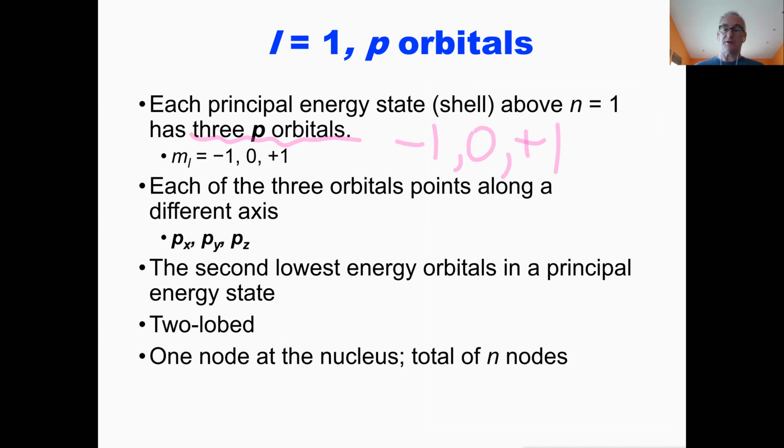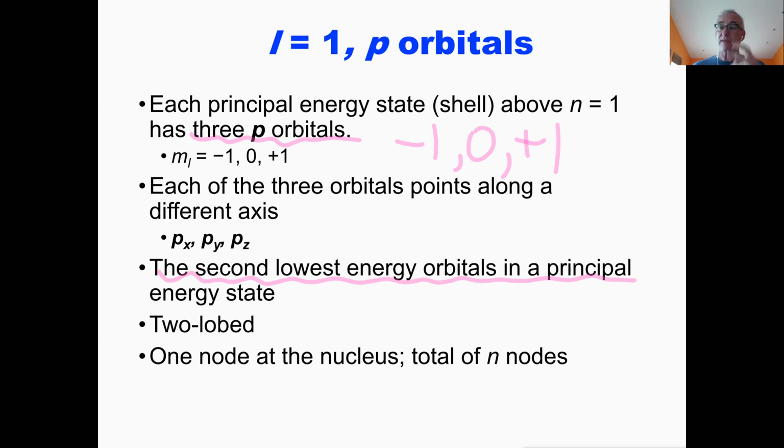Each one of those orbitals points along a different axis, as I showed you before. So x, side to side, y, up and down, and z, coming in and out. So the three-dimensional axes. It's the second lowest energy level, second lowest energy subshell. S is the lowest, P is a little bit higher, D is a little bit higher, and F is a little bit higher than that.